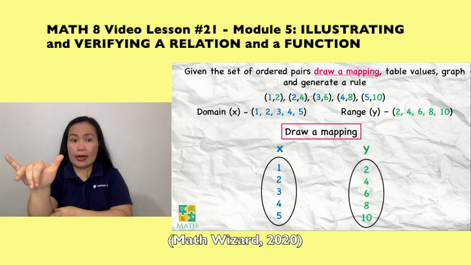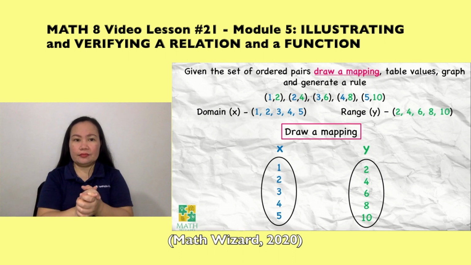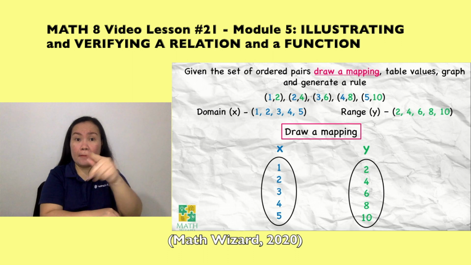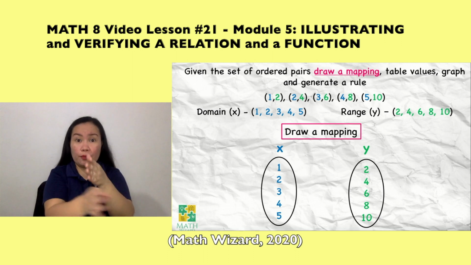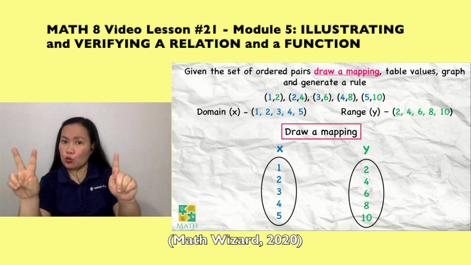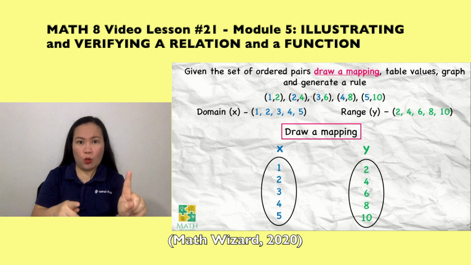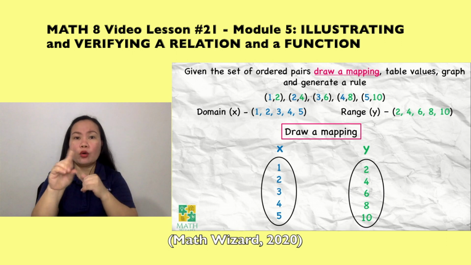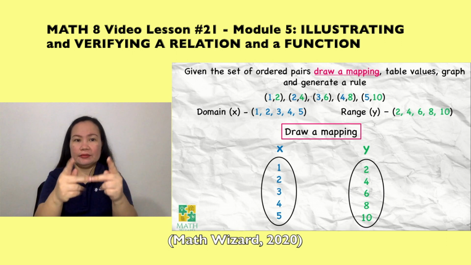Ang ating y values naman, meron tayong 2, 4, 6, 8, and 10. So, using mapping, ang gagawin natin, imamap lang natin siya. So, based from our given, the partner ng 1 ay 2. Okay, so when x is 1, ang ating y ay 2. Or kapag ang domain natin ay 1, ang kanyang range ay 2.